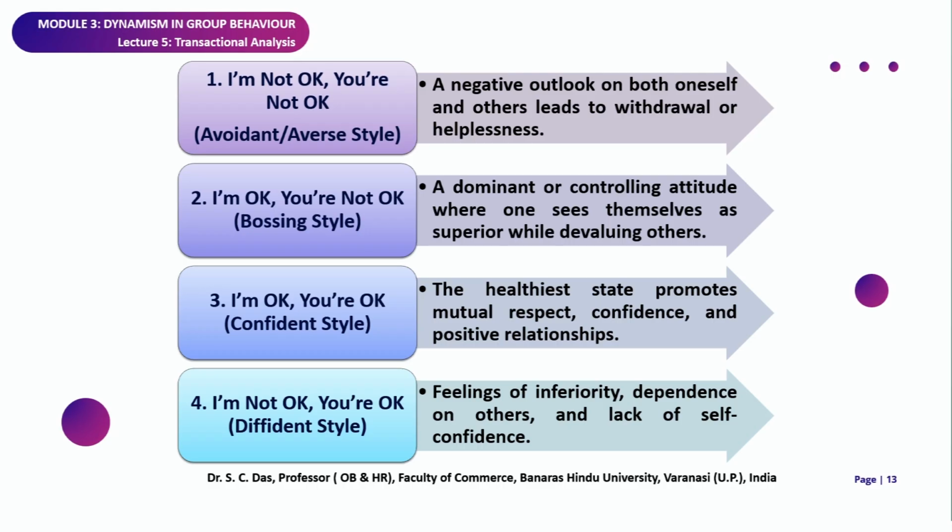I am not okay, you are okay: feeling inferiority, dependence on others, lack of self-confidence, and maybe many more. Now see, students, these four different types of styles teach us in what way we can deliver something and what we want to project.